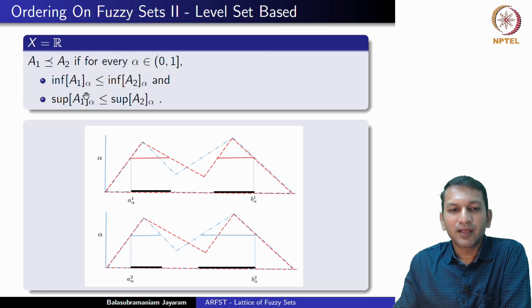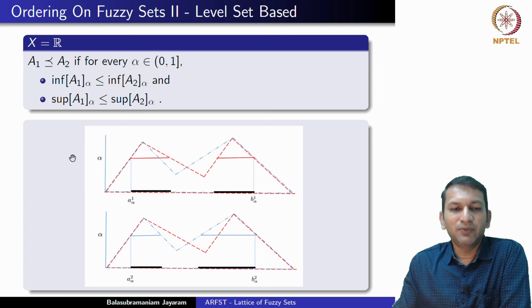In fact, the infimum of A1 alpha will be equal to the infimum of A2 alpha for every alpha here, and similarly the supremum of A1 alpha will be equal to the supremum of A2 alpha for every alpha coming from (0, 1], which means both these fuzzy sets are orderable with respect to this relation.